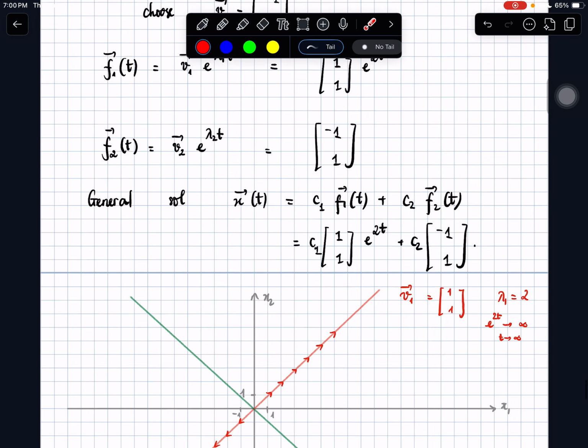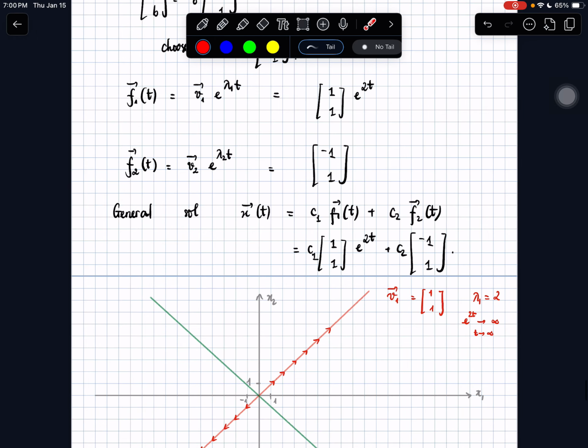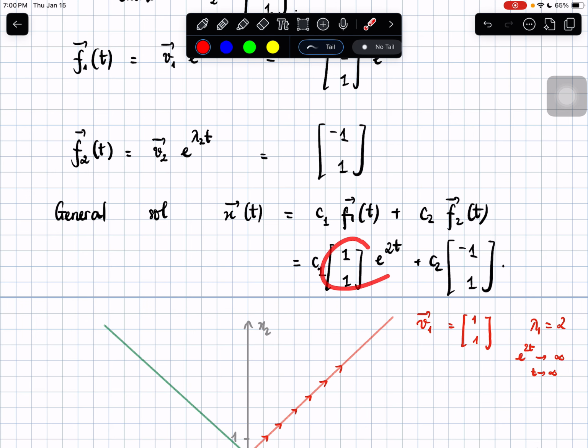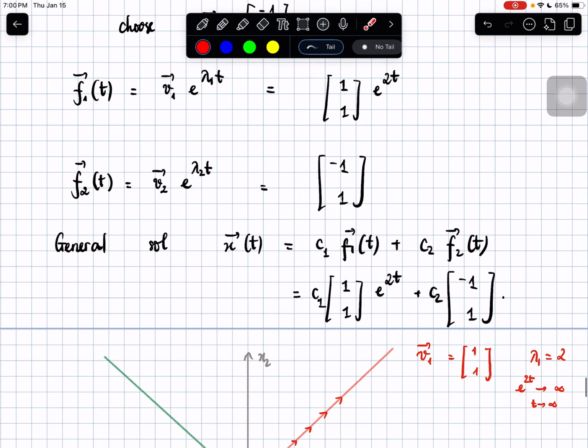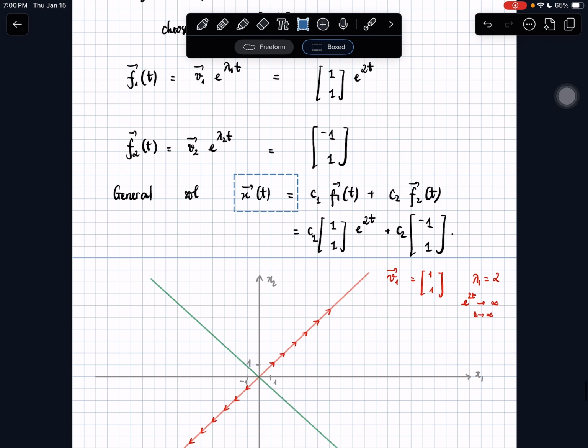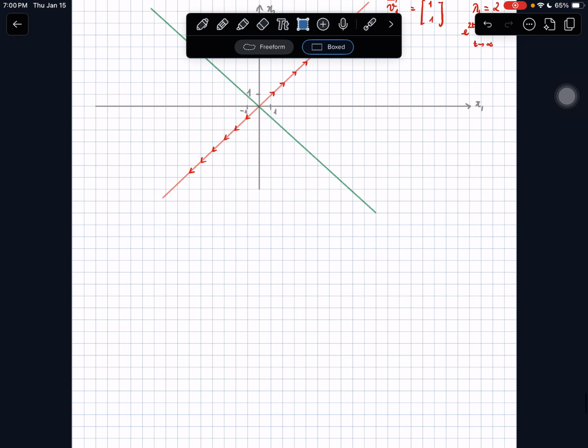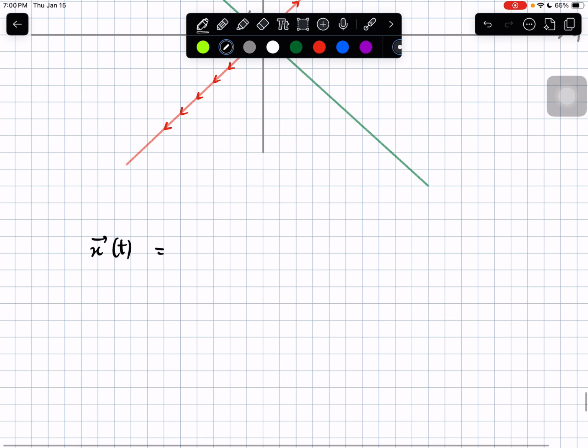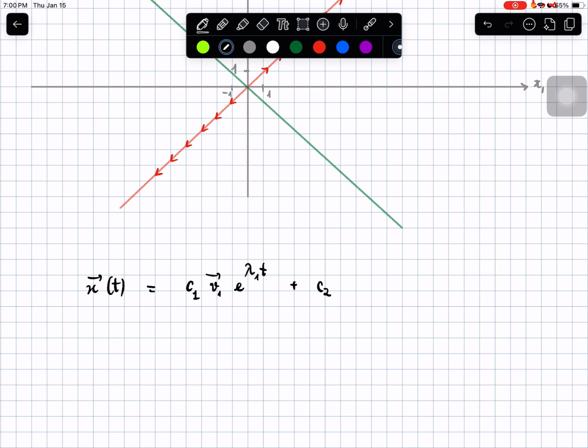Second thing is, let me write for the general case: c1 v1 e to the lambda 1 t plus c2 v2 times 1.